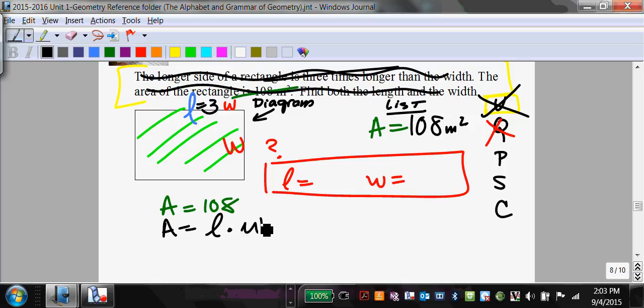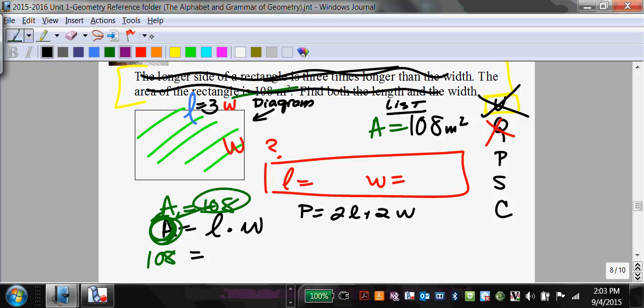You don't know if you need it, but you can always write down information. I could even pull in perimeter if I wanted to. Okay. Now, let's see what we can do. Ready? Circle area. Is there anything you can plug in there? Okay, circle it in.